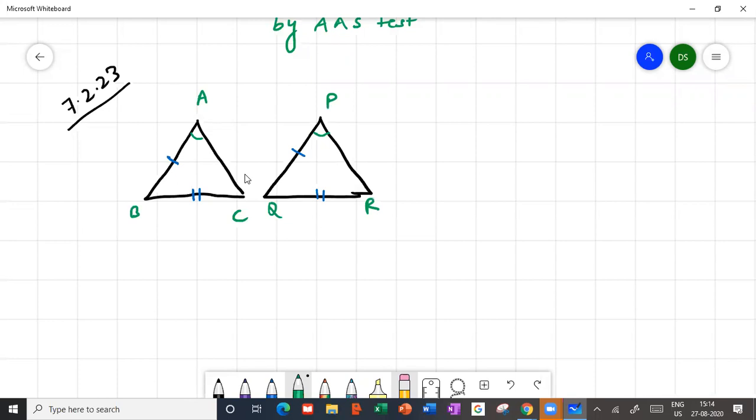It won't be AAS. It would be, I think, SAS. So the question they are asking is, they just said any two sides and one angle.